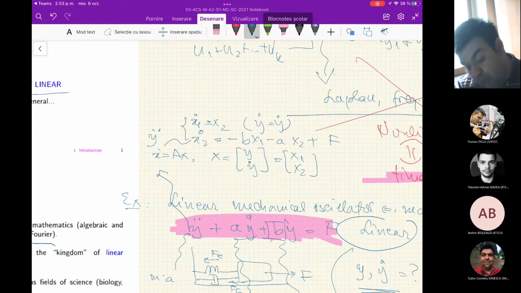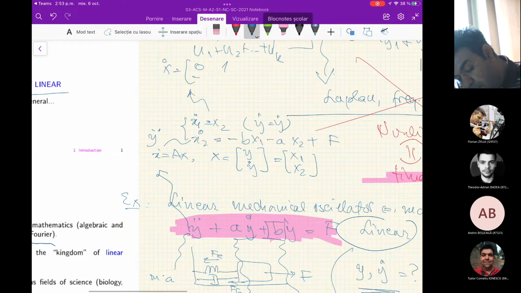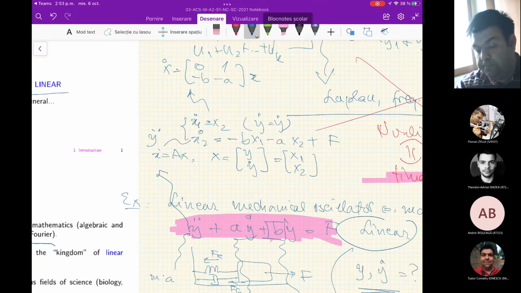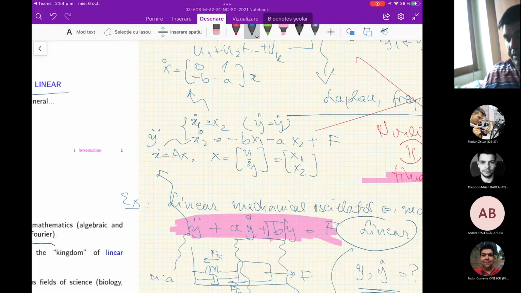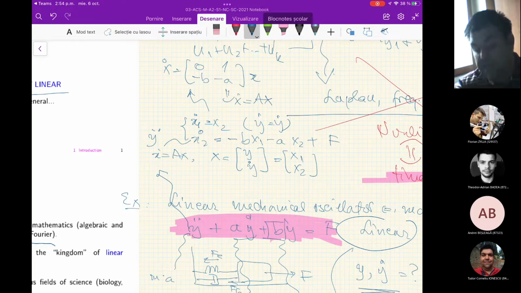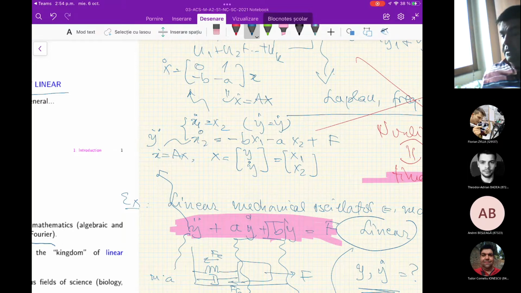And this is easily written as x dot equals Ax, where A is the matrix 0, 1, minus b, minus a, times x. We know how to do that from linear system theory. This happens for all linear equations, no matter the dimension.